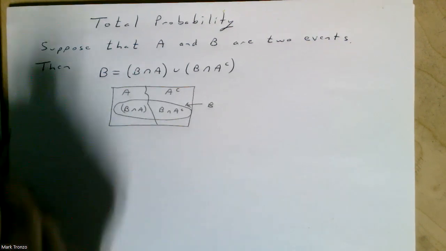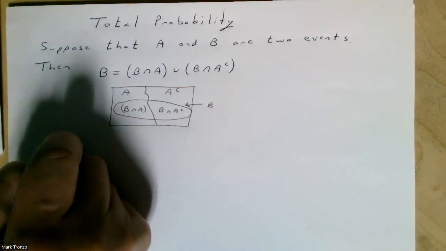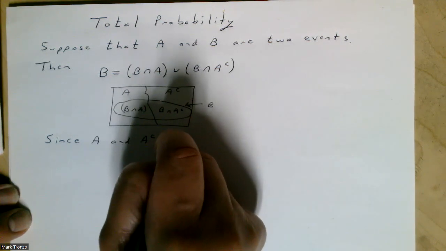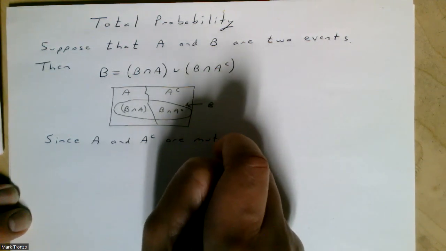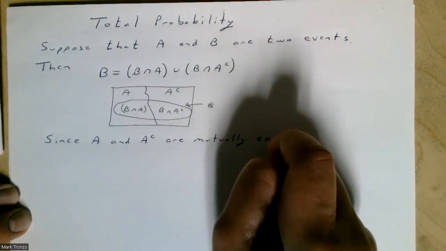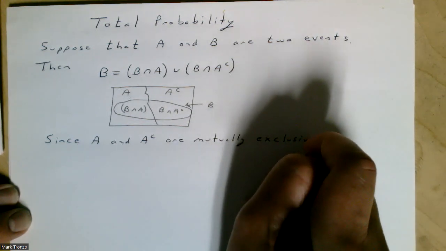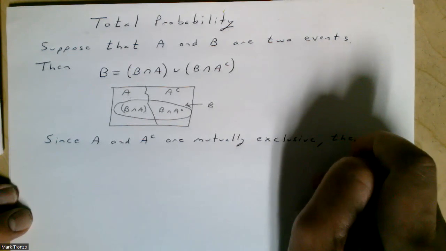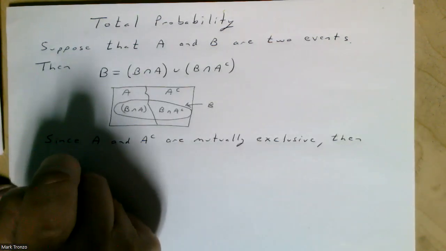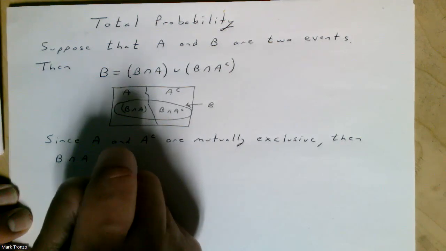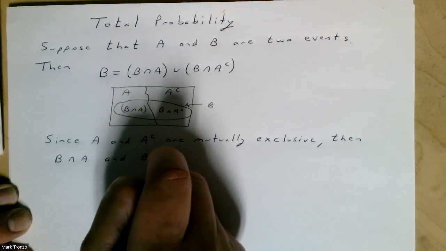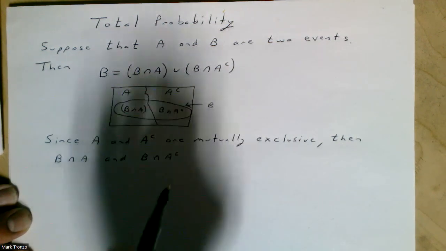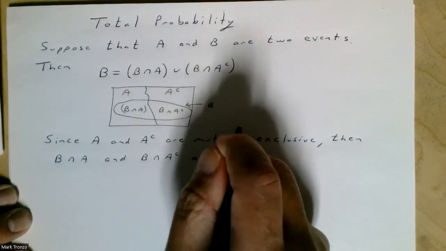Since A and A complement are mutually exclusive, then B intersection A and B intersection A complement are also mutually exclusive.